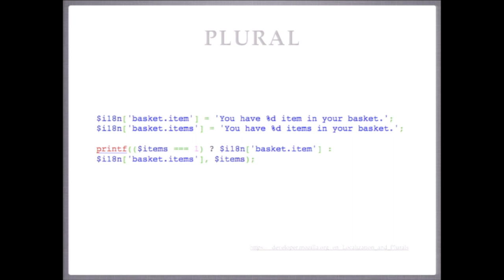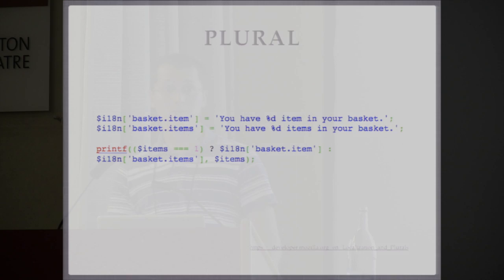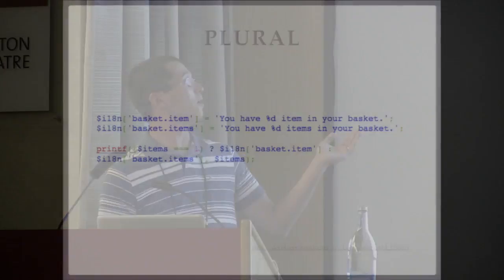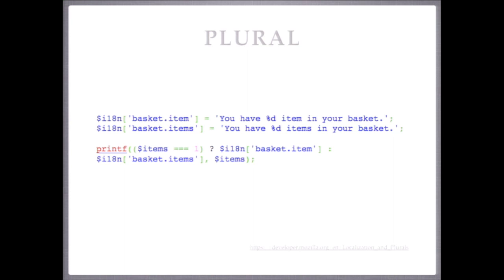And some Asian countries, for example Chinese and Japanese, have only one form of plural. So it's always 0 items, 1 items, 2 items, and so on. In Polish, for example, they have 3 forms of plural. So it gets worse and worse, and supporting this with these methods is not easy. And Arabic has 6 forms of plural.